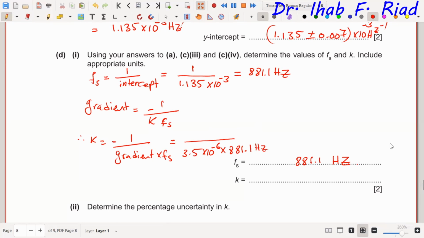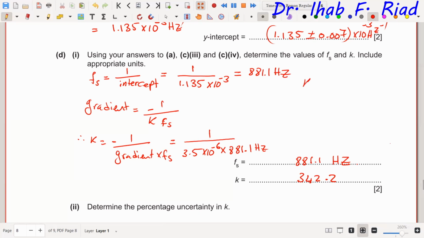Right? Yes. Okay. What you find more comfortable. 342.2. Now we need to check the units for K. Hertz minus 1. Let us check.